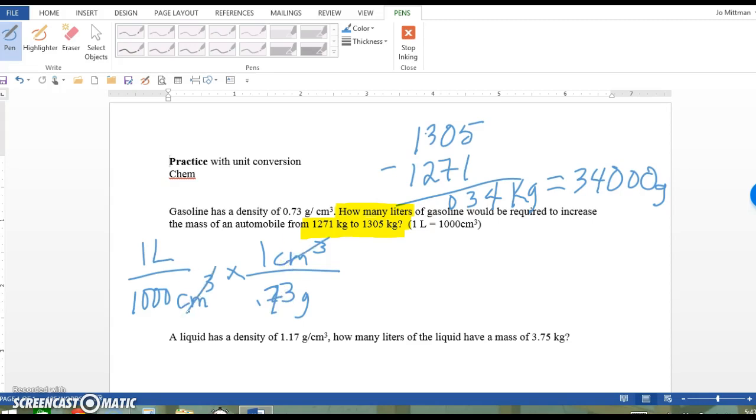Liters I still have. I need to get rid of my grams. Well, I wanted to know 34,000 grams, that's how much you would increase the mass of the car. And that gets rid of grams, and then you notice that the only thing left is liters.